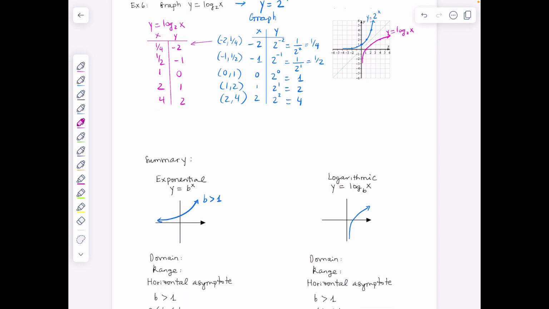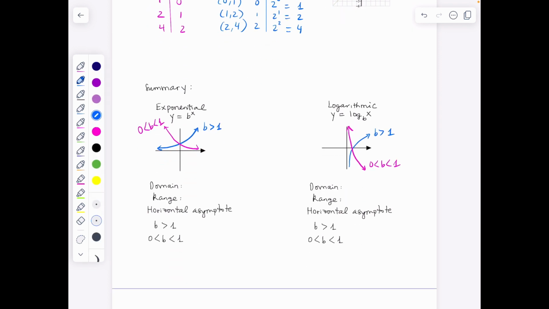Now, if b is between 0 and 1, then the exponential function will go in the opposite direction. It will look like this. This is for when b is between 0 and 1. And if b is between 0 and 1 for the logarithmic function, then the graph will go in this direction. This is for b between 0 and 1, and this is for b greater than 1.